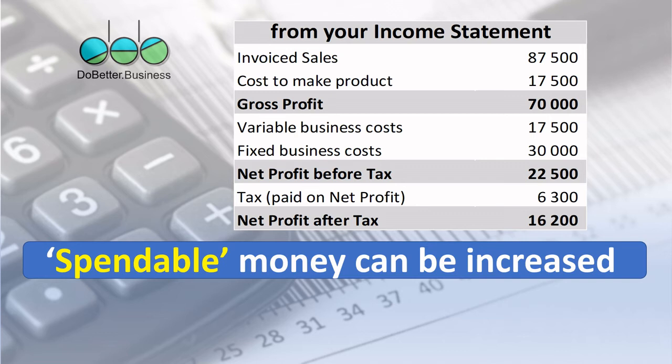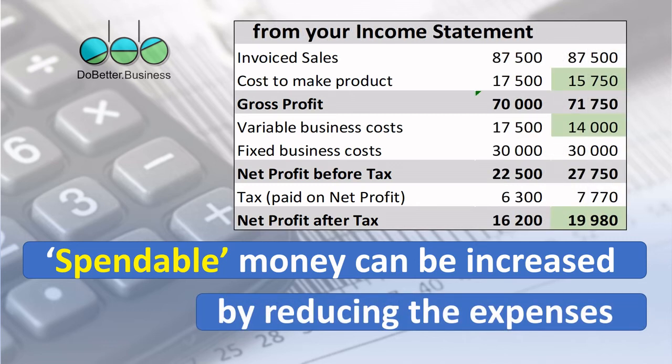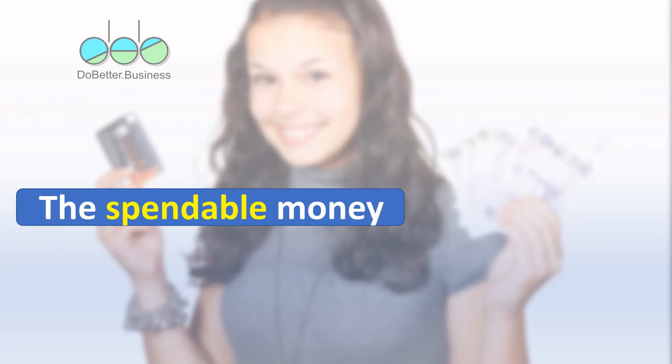So the spendable money can be increased by reducing expenses like the cost of sales or the cost of the goods or ingredients used to make your product, and also by reducing your variable costs, so your monthly expenses like electricity. And once you've done that, the money that you have left over, that's your spendable money.